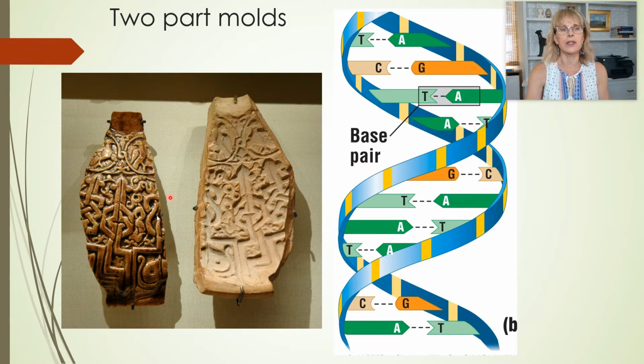Let's imagine that this is something really special, some sort of antiquities kind of thing. This is something that your museum has got, and you want to be able to sell copies of them in the gift shop. So you're going to sell copies of this in the gift shops for people to take home. How are you going to get it done?